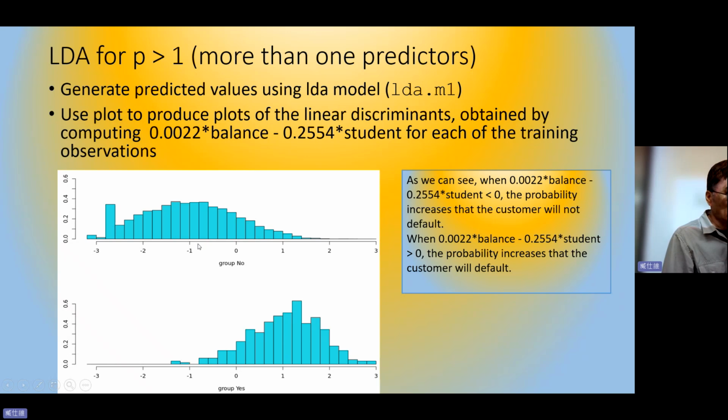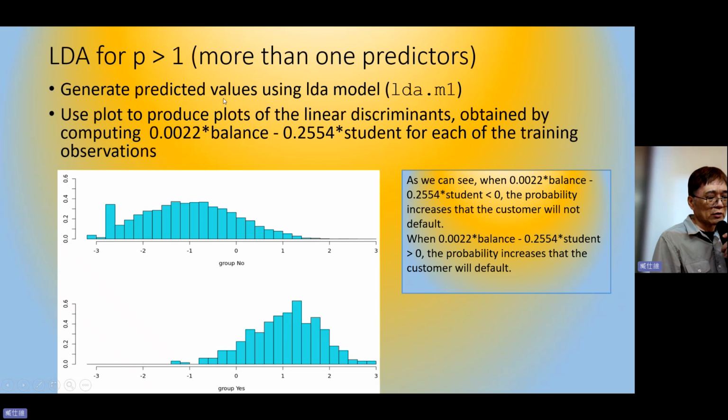Based on this, we can generate the predicted values. When this equation is less than 0, the probability increases that the customer will not default. On the other hand, when this value is greater than 0, the probability increases that the customer will default.